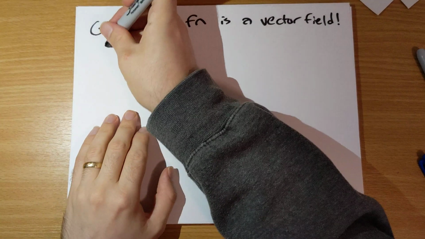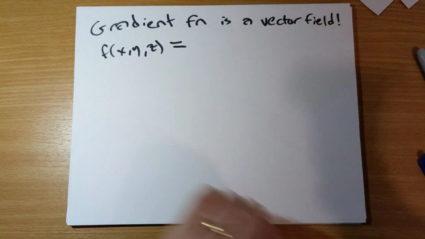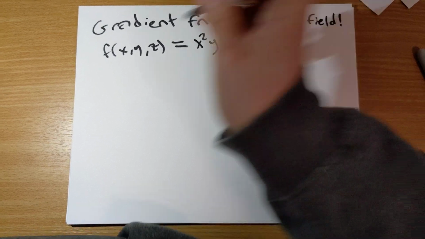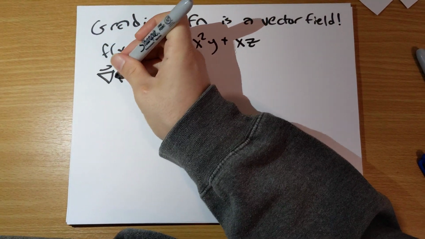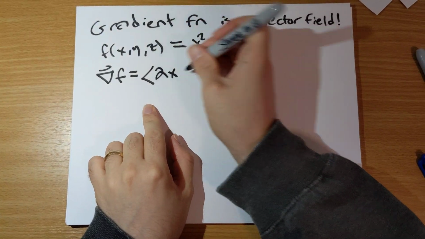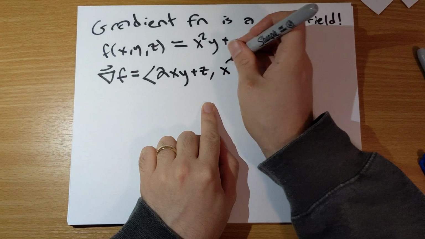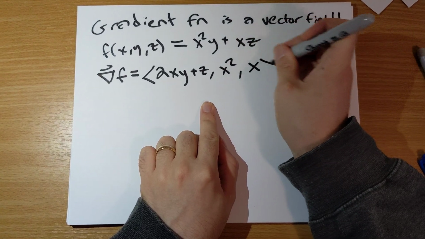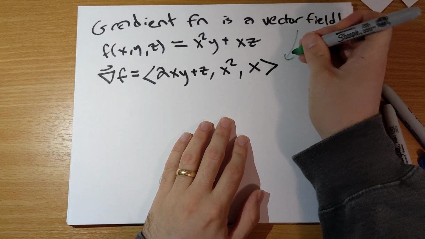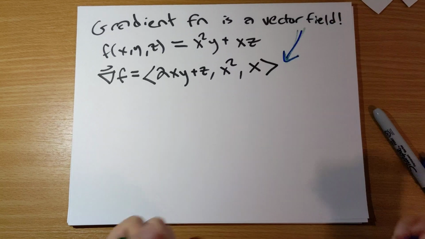For example, if we have f of x, y, z is the function x squared y plus xz, we know that the gradient of f is: the x partial derivative is 2xy plus z, the y partial derivative is x squared, the z partial derivative is x. And so this is a vector field.